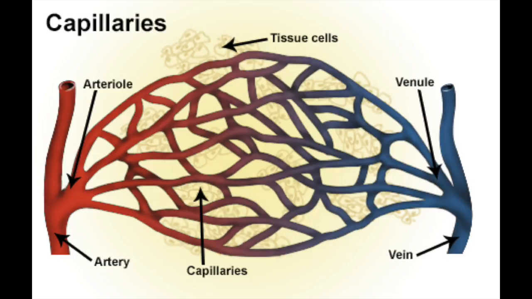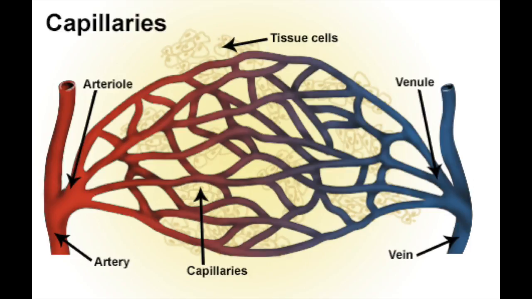Arteries are other vessels that carry oxygen. They carry oxygenated blood with nutrients to the rest of the body. An example of arteries are coronary arteries, which provide nutrients and oxygen to the heart muscles themselves.